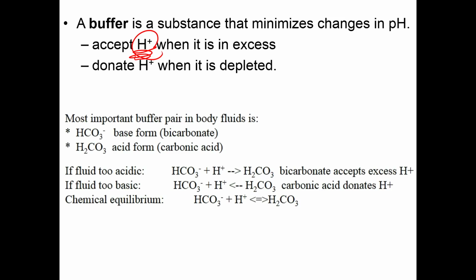Then let's say, for instance, the pH of the blood becomes a little bit too alkaline. It's going to do the opposite. In this case, it's going to donate protons back into the solution.